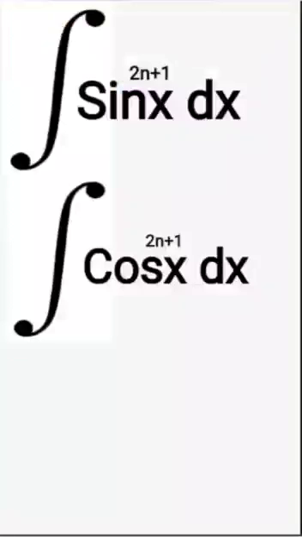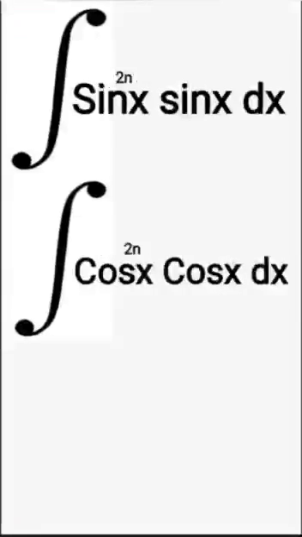Now, if exponent of sine and cosine function is an odd natural number, then we can write these functions as sine x raised power 2n into sine x and cosine x raised power 2n into cosine x, or we can write them as sine square x whole raised power n into sine x and cosine square x whole raised power n into cosine of x.